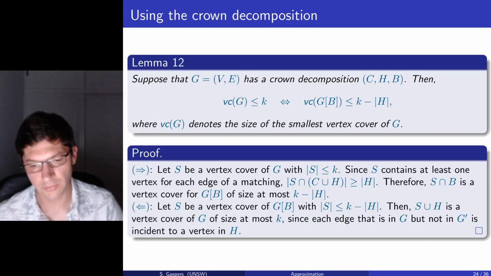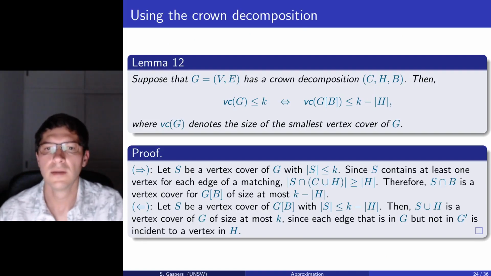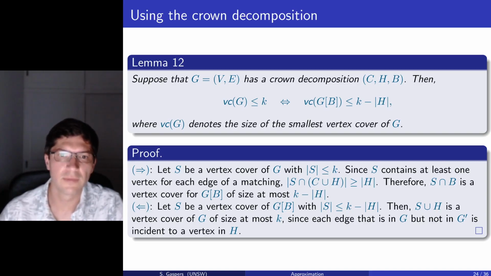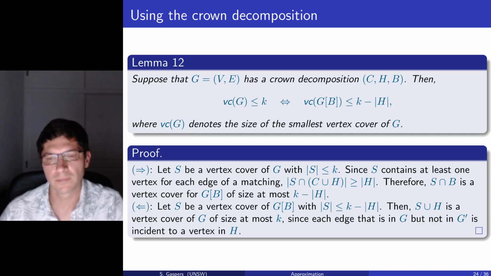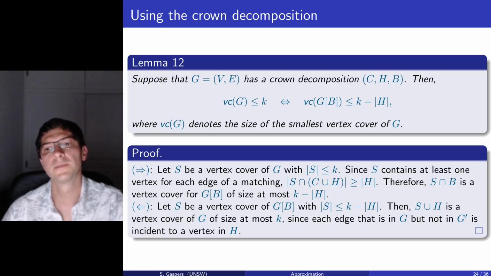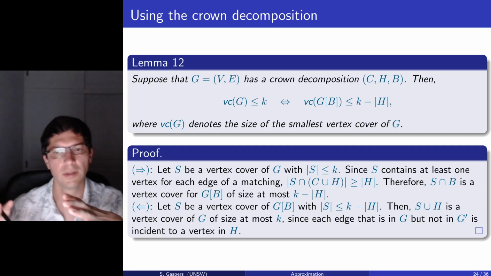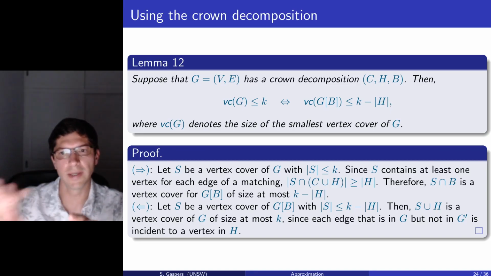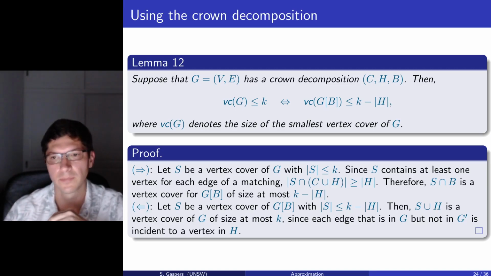So this is now our proof. If we have a vertex cover S of G of size at most k, then S contains at least one vertex for each edge of the matching. So if we take this vertex cover and intersect it with the crown and the head, C union H, so we look at all the vertex cover vertices that are in the crown or the head, we get at least cardinality of H many vertices.